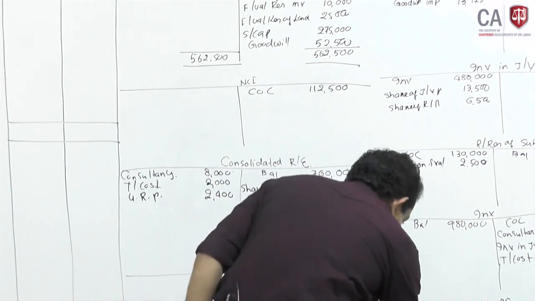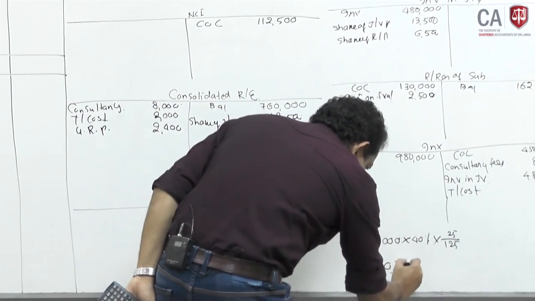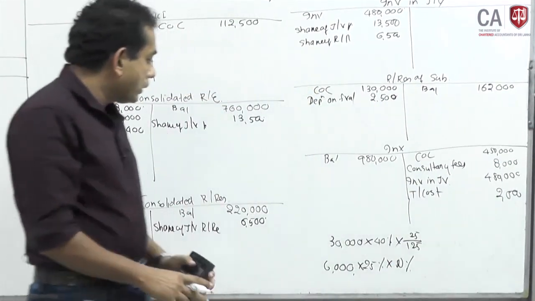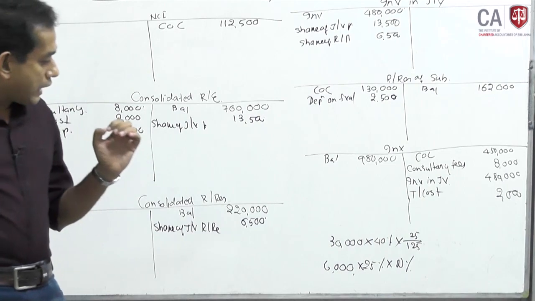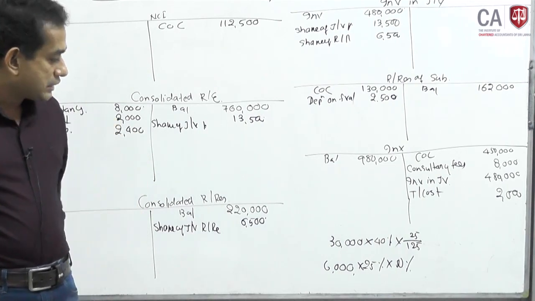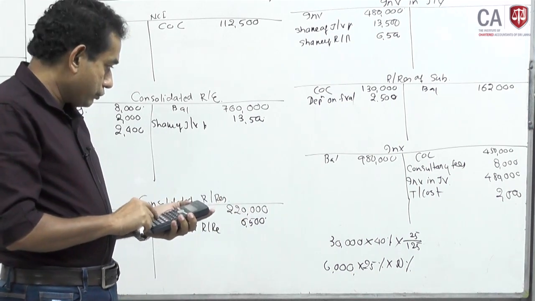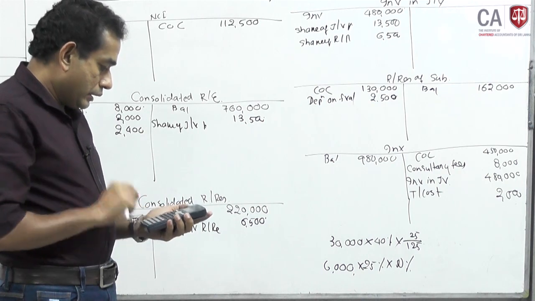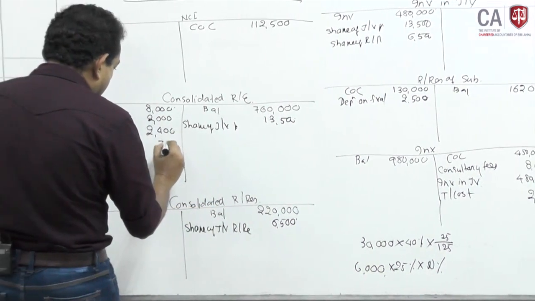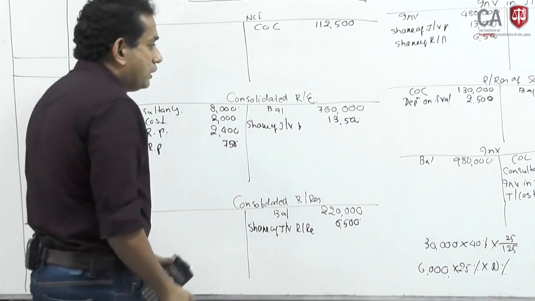6 million, all the goods remain unsold, into 25%, we recognize unrealized profit only to the extent of the share of the investor, that is 50%. So, 6,000 into 25% into 50%, 750, will debit it to consolidated retained earnings by 750, say unrealized profits, and will credit where?